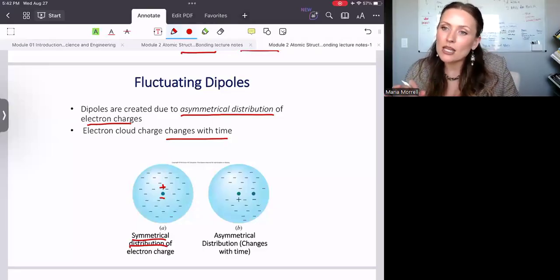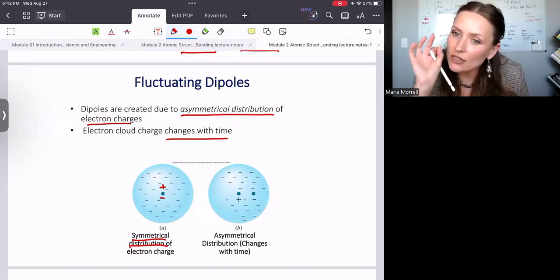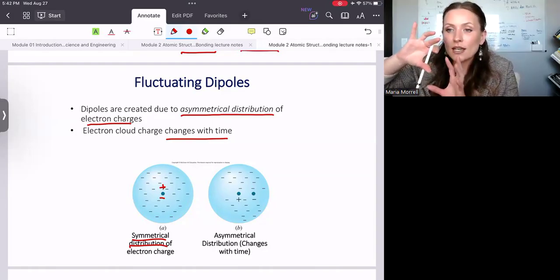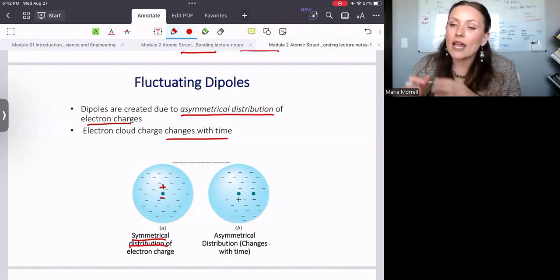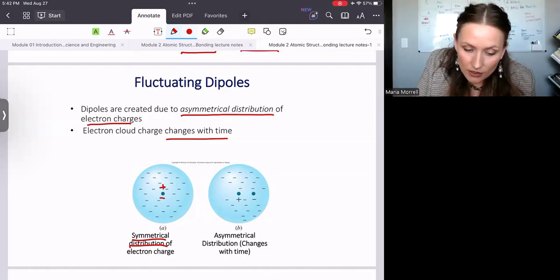But in picture B, you have just a specific moment, right? Just at this one tiny moment, for a nanosecond, probably even less than that, you have the electrons shifted toward a certain area, and that creates this area right here.